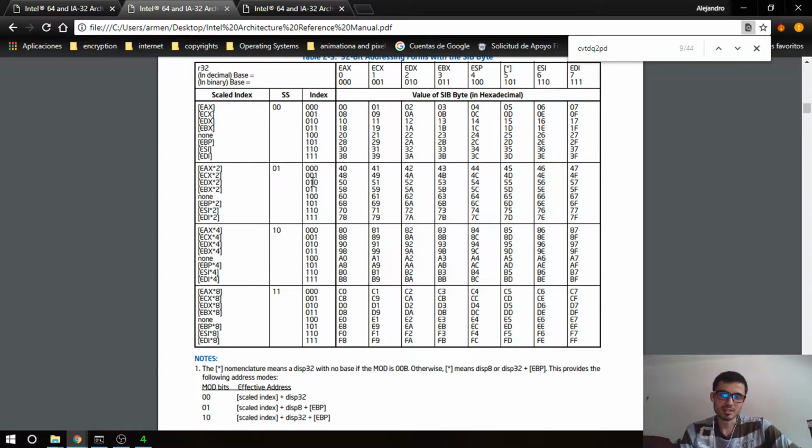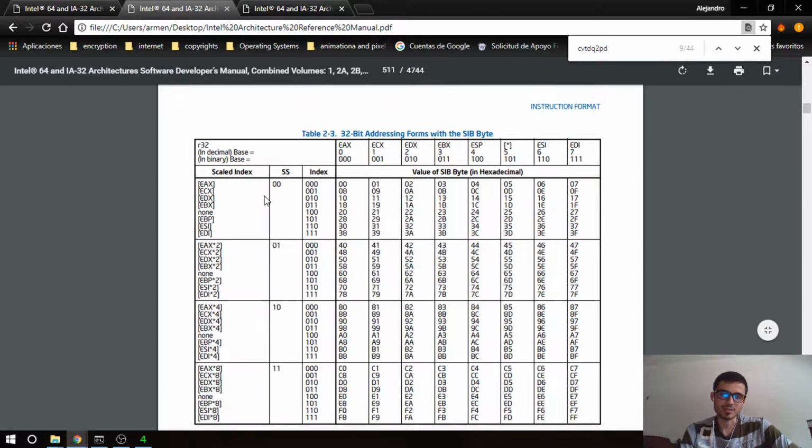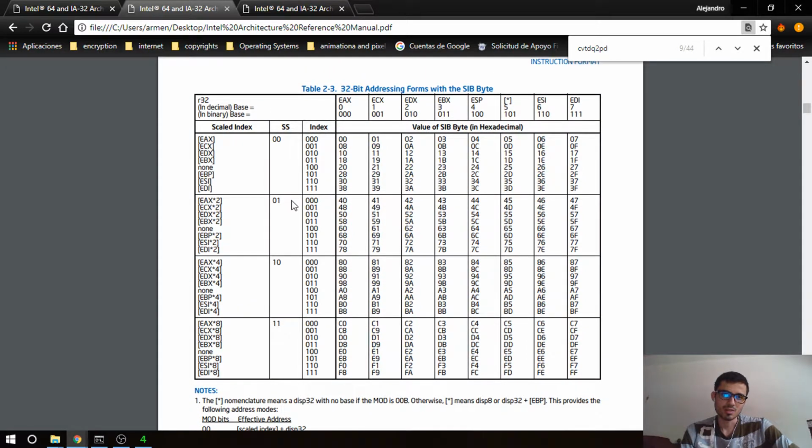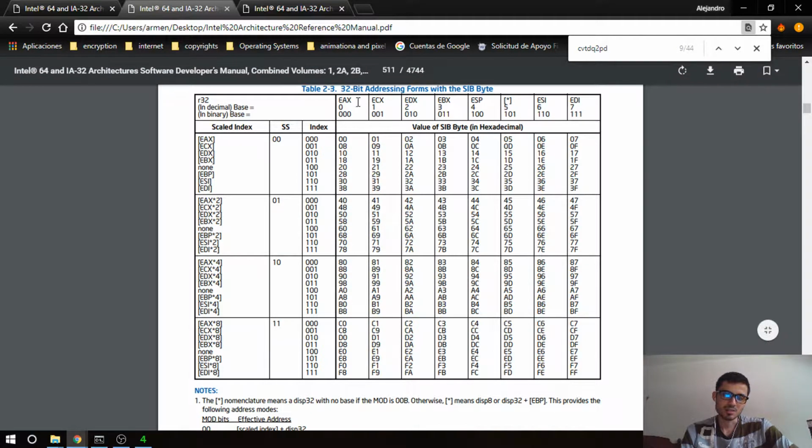So we have an index, and then we have a base, and then the scale factor. No, sorry, this is 1, 2, 4, 8. Okay, 1, 2, 4, 8, and these are the indexes to the registers, RAX and so on, and these are the bases.